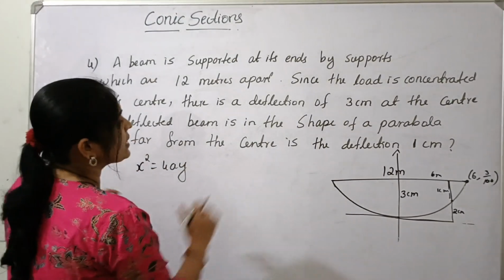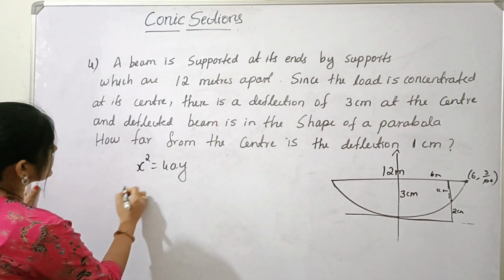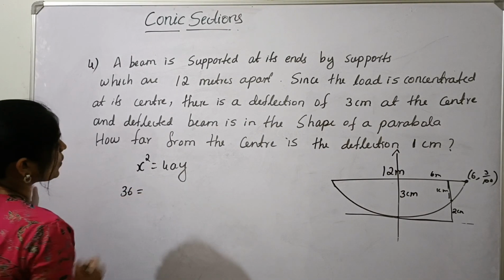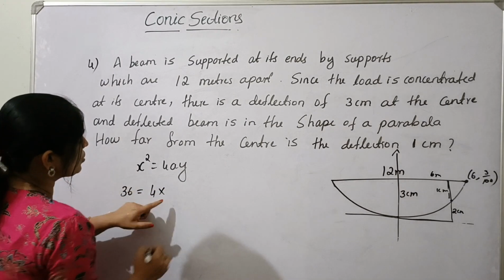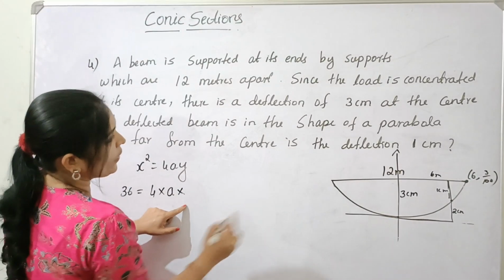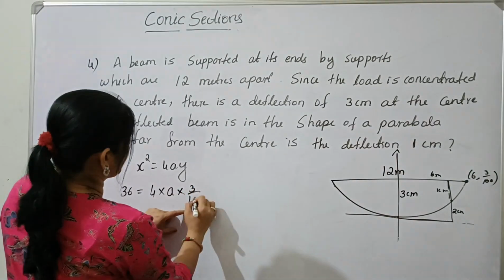Let us substitute this point: 6 square, that is 36, is equal to 4 into a into y, where y is 3 by 100.